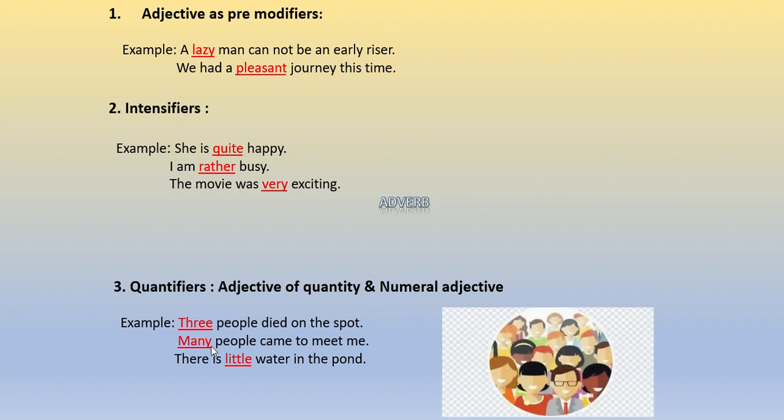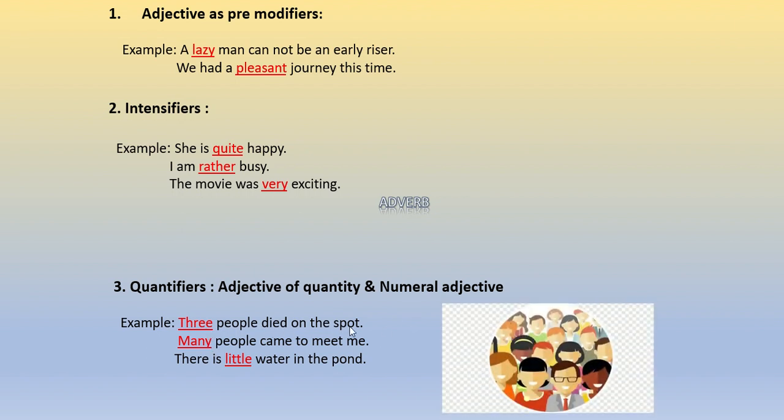So in the examples we see, three people died on the spot. Many people came to meet me. There is little water in the pond. So you see these words, three, many, little, pre-modify the nouns people and water. They show the quantity and they are termed as pre-modifiers.